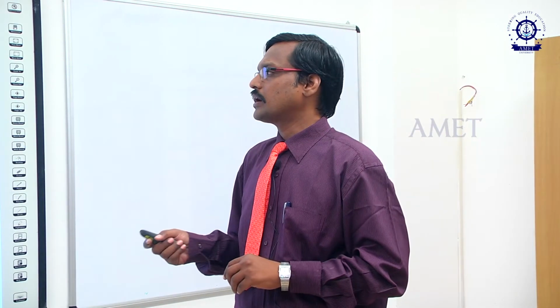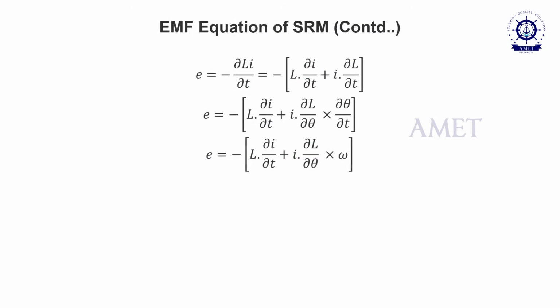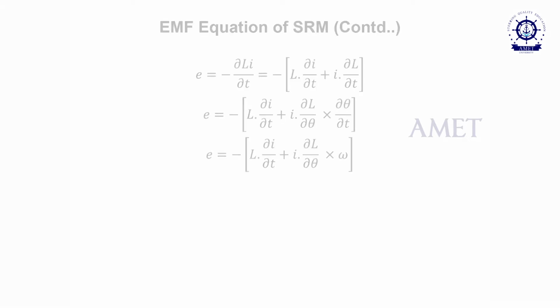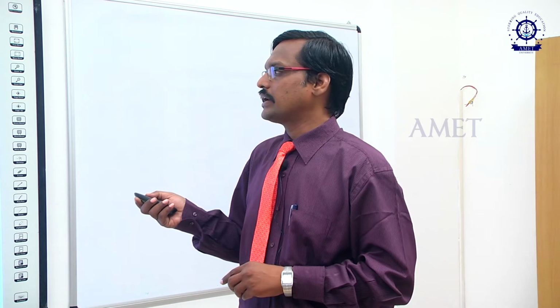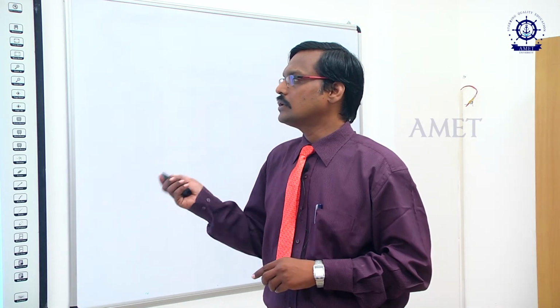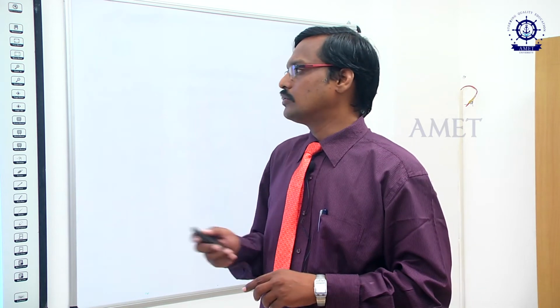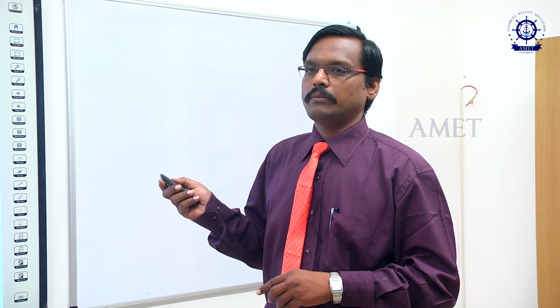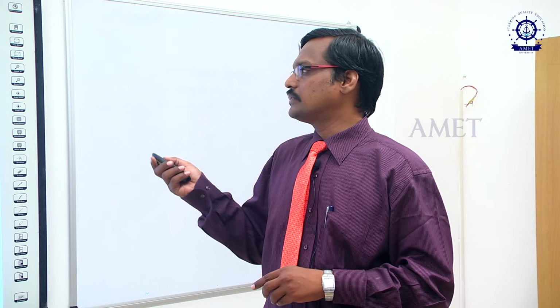The lambda is replaced by L into I. So the equation becomes E equal to minus dou Li divided by dou t, which if you expand, we have minus L dou I by dou t plus I dou L by dou t. Now I am going to multiply and divide the second term of this equation by dou theta.